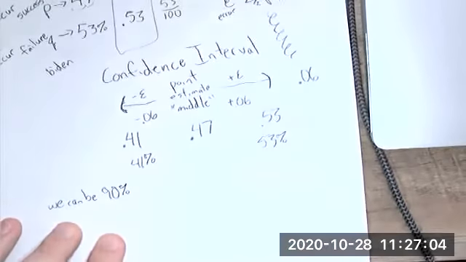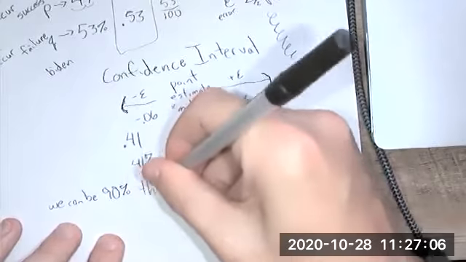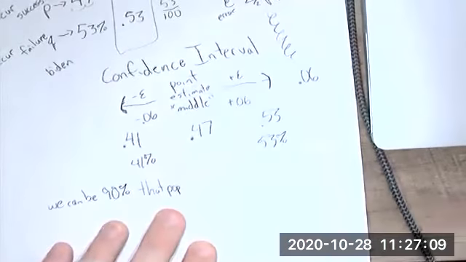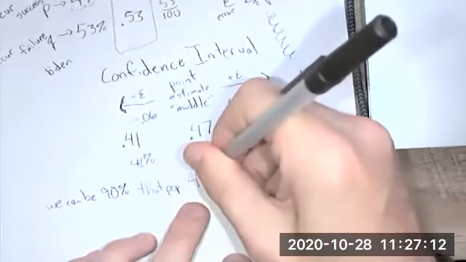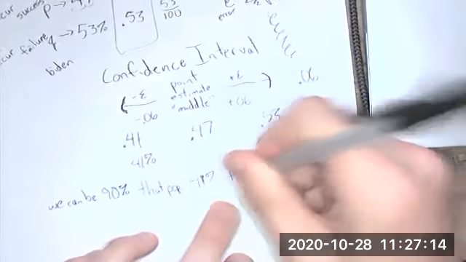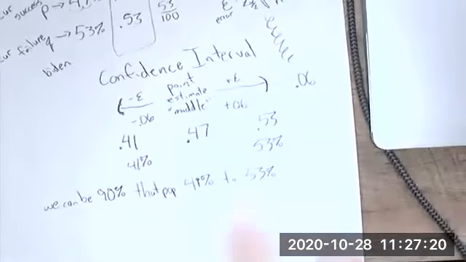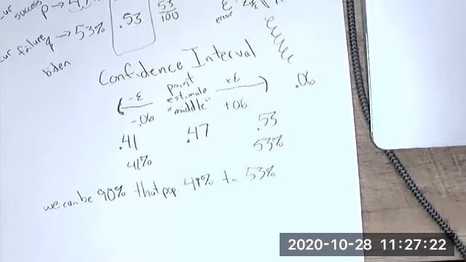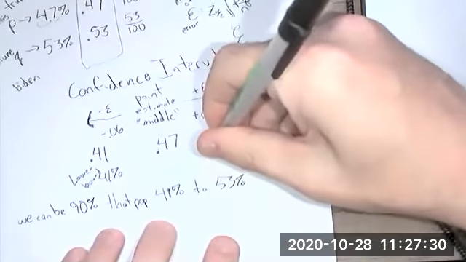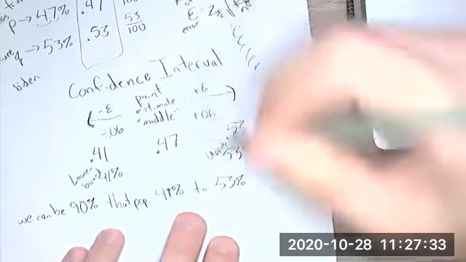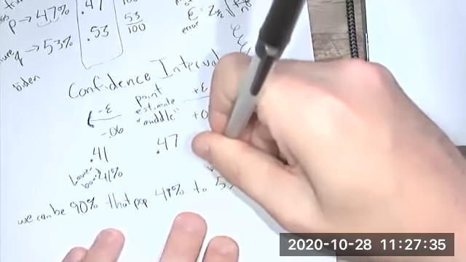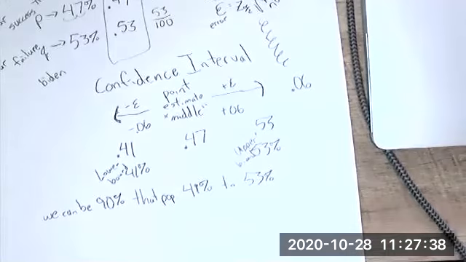we can be 90% confident, or whatever confidence level they give you, that the population that come November, 41% to 53% of the voters will actually occur. And that's what we're looking for, is the lower bound and the upper bound for what we are confident that the population will display.